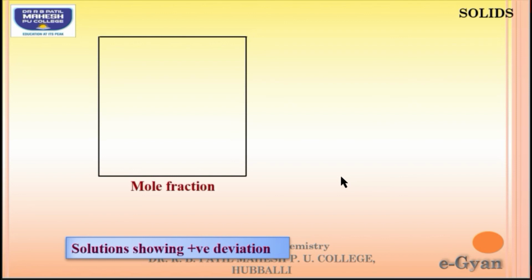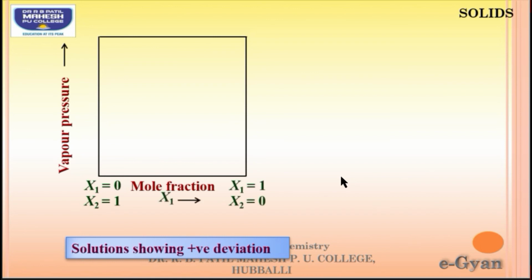So I will plot mole fraction versus vapor pressure. Already x1 is 1 and x2 is 1 at the ends, as expected. Now when x2 is maximum, then the partial pressure of that second component will be more, and it will go on decreasing as the percentage of the first component goes on increasing.